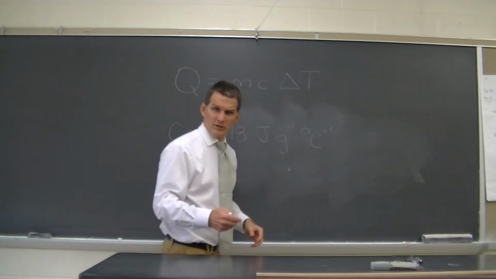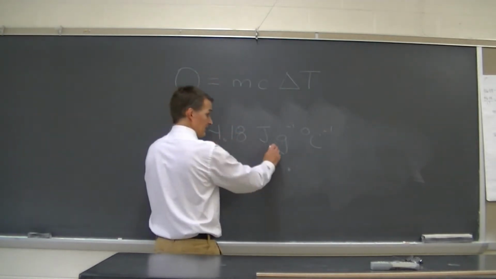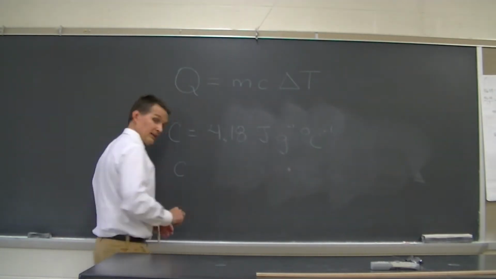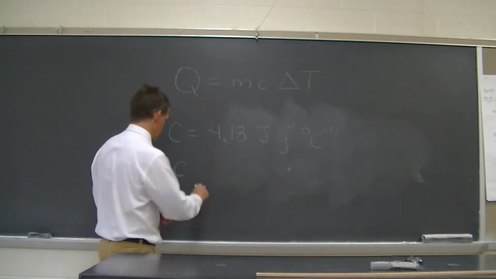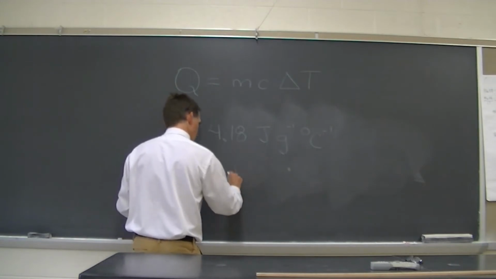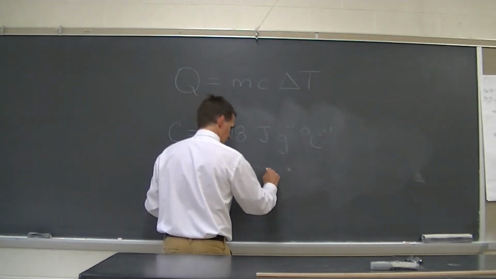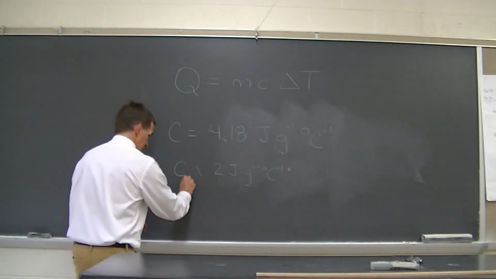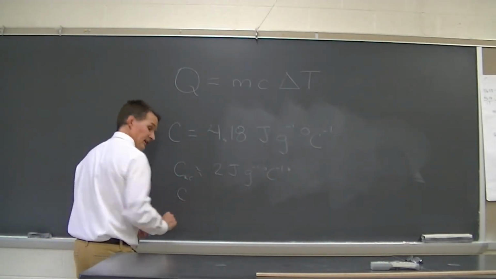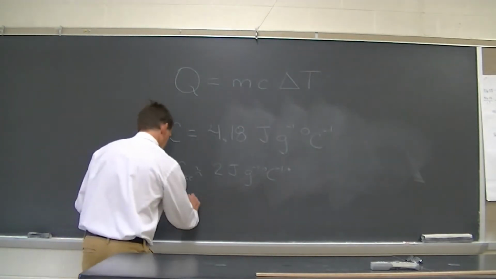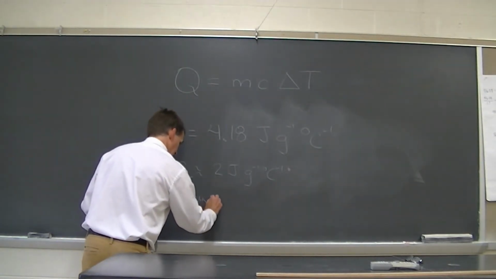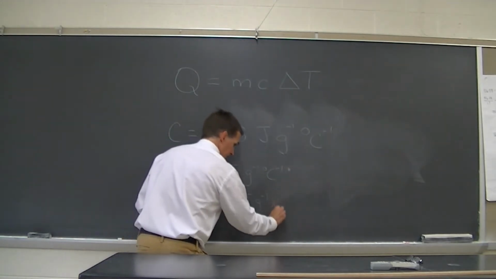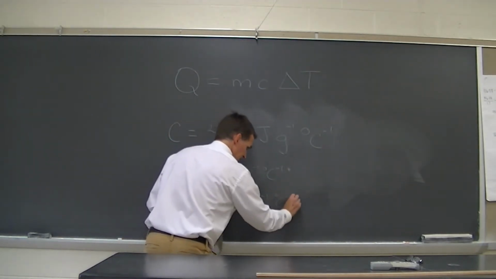Just to give you some other ideas, this is the specific heat for liquid water, but you should recognize that the specific heat for solid water is different. That's about 2 joules per gram per degree Celsius, and it just so happens that the specific heat of gaseous water, which is steam, is also about equal to 2 joules for every gram for every degree Celsius.